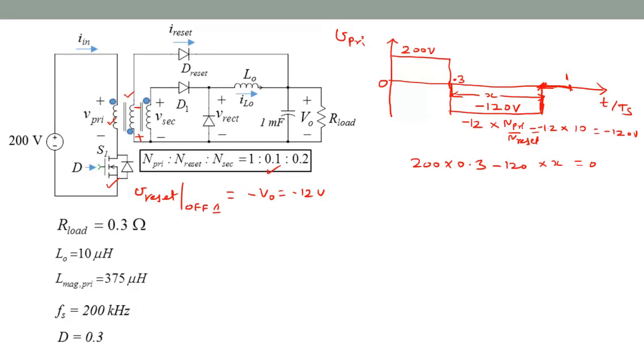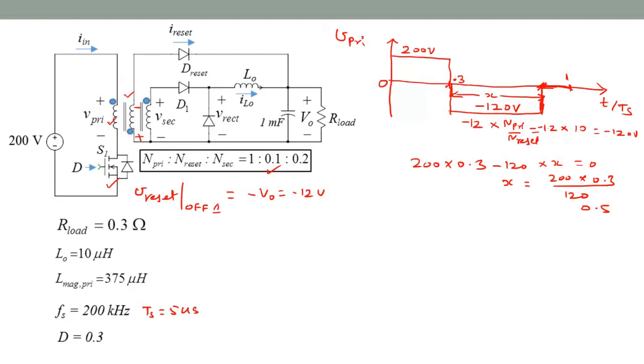It will be this plus 0 times a small duration, so we don't have to consider that. That gives us X to be 200 times 0.3 over 120, or 60 over 120, which is 0.5. So in terms of actual duration, this would be 0.5 times Ts, which Ts is really 1 over 200k or 5 microsecond. So this is actually 2.5 microsecond.